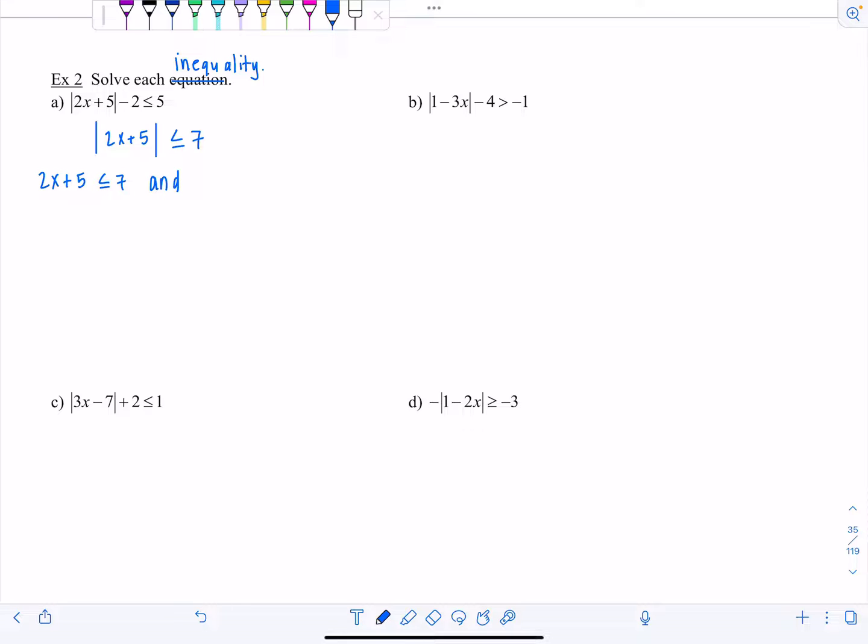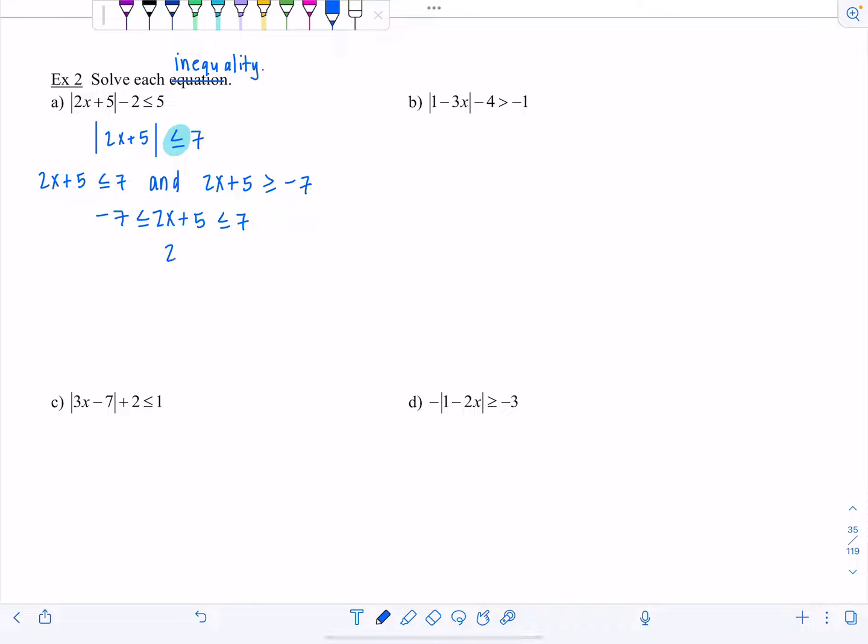And because the absolute value expression is less than 7, 2x plus 5 is greater than or equal to negative 7. But remember, this is the case where you could just write your little compound sandwich inequality from the get-go if you want, like this, and then just solve, and it'll be easier, less steps. So we're isolating x in the middle.